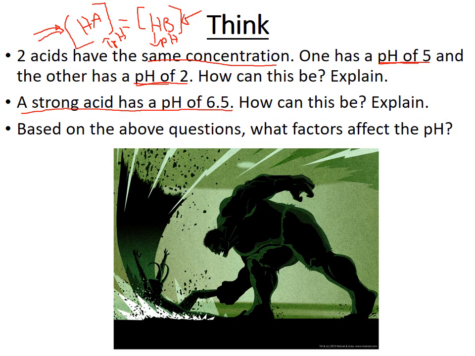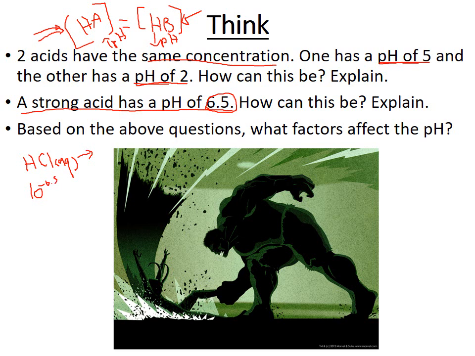Okay. If you said that it's probably because the concentration of the acid was low, that's what it is. So HCl, for example, is a strong acid. But if you have a low concentration of HCl, you're going to have a low concentration of the H+. In fact, to have a pH of 6.5, your concentration of acid was 10 to the power of negative 6.5.